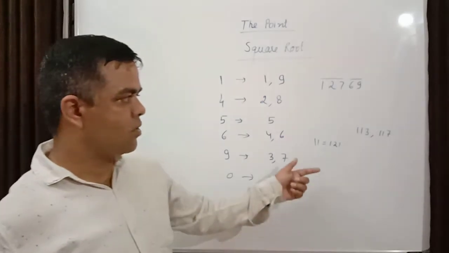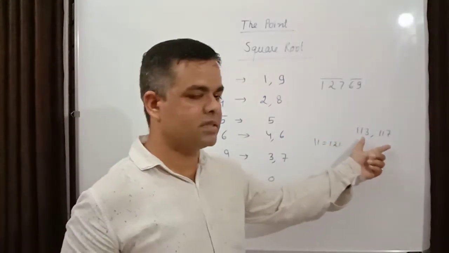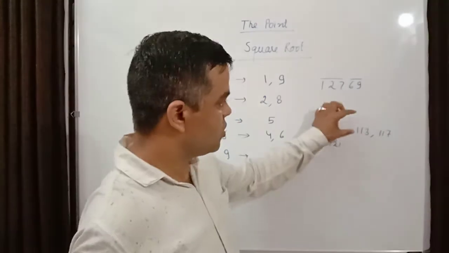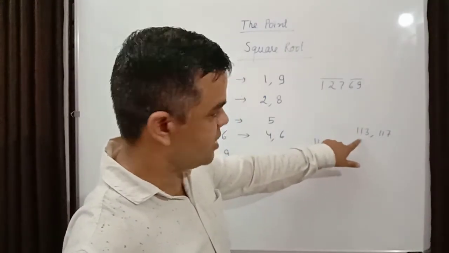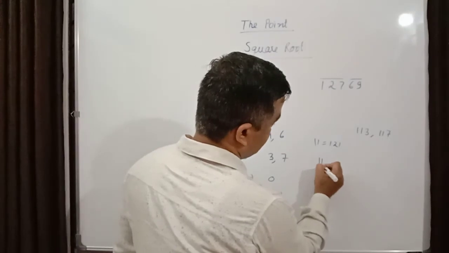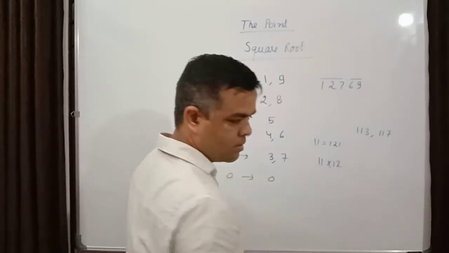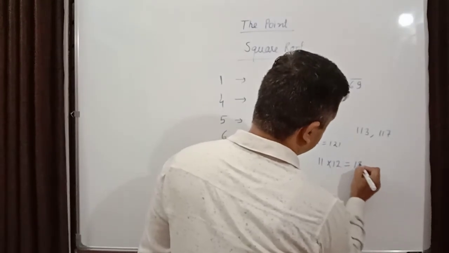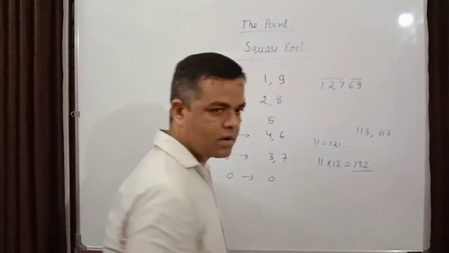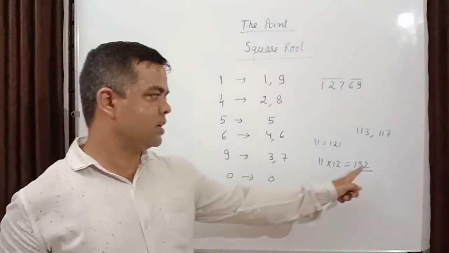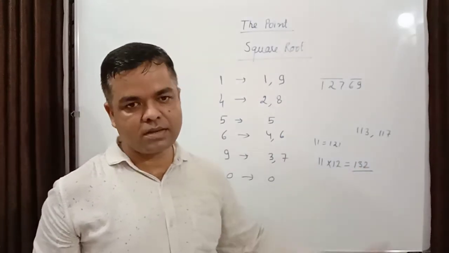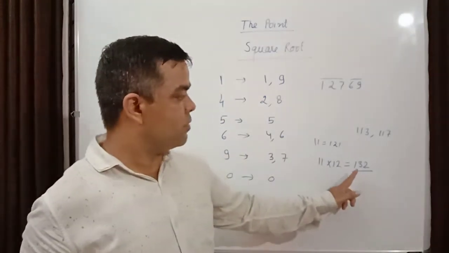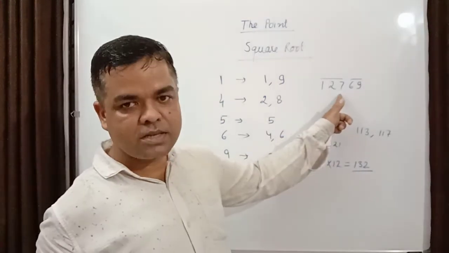So now I have to find out which one is the correct square, either 113 or 117. So we find the square of 11: multiply 11 with the next number, 12. It will become 132. 12 times 1 is 12, and 12 times 1 is 12, plus 1, 13. So it will become 132. Now 132 is greater than 127.